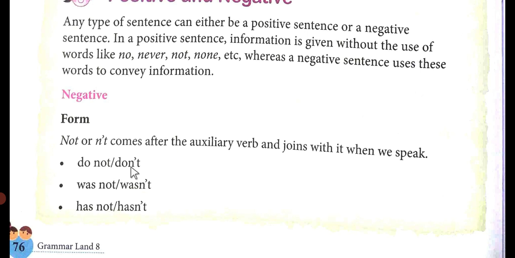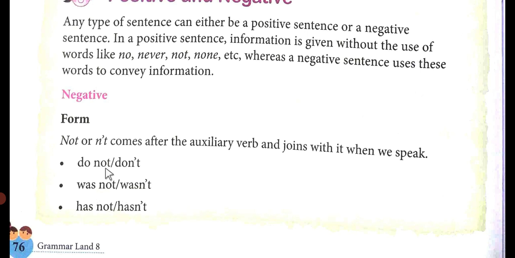Don't means do not. It is the short form of do not. Was not, wasn't. Has not, hasn't. So these are the negative forms of the sentences.